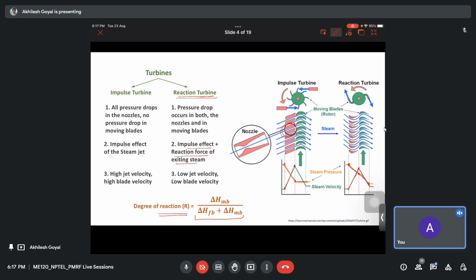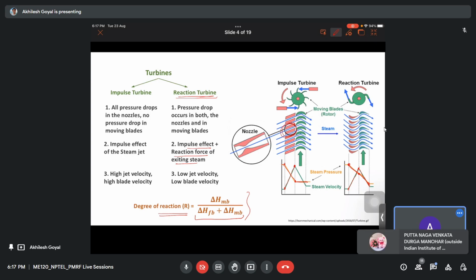In reaction turbines there are fixed blades that work as nozzles, but in an impulse turbine there are nozzles themselves. So the fixed blade means, for an impulse turbine, it is the nozzle, and for a reaction turbine it is fixed blades that work as a nozzle. Okay, so this is how degree of reaction is defined.